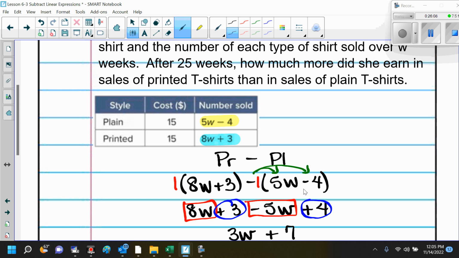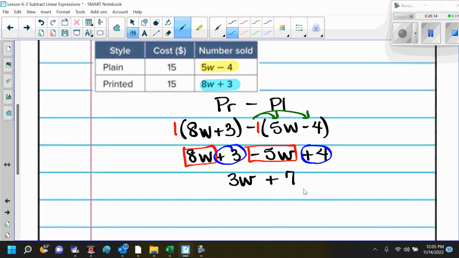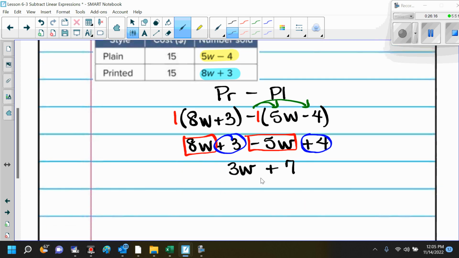After 25 weeks, how much more did she earn in sales of printed t-shirts than in sales of plain t-shirts? So this is the expression. Is it going to give us that answer, right? How do I get my answer? Very good. We have to evaluate when W is equal to 15.